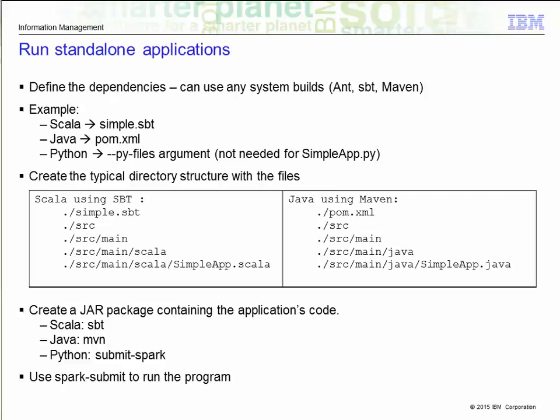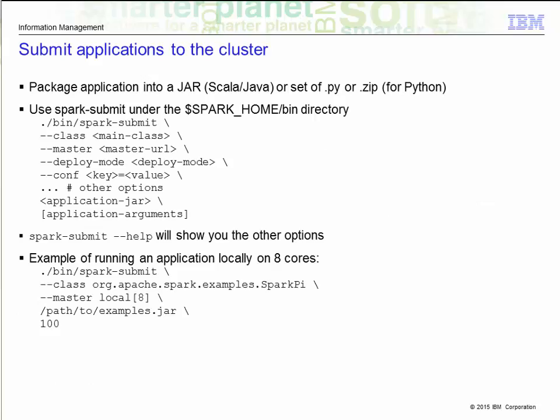In the lab exercise, you will get to practice this. In short, you package up your application into a jar for Scala or Java, or a set of Py or zip files for Python. To submit your application to the Spark cluster, you use Spark submit command, which is located under the Spark home/bin directory.